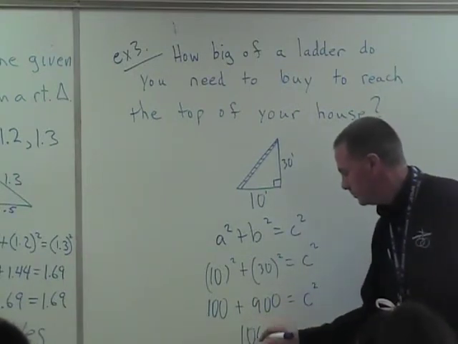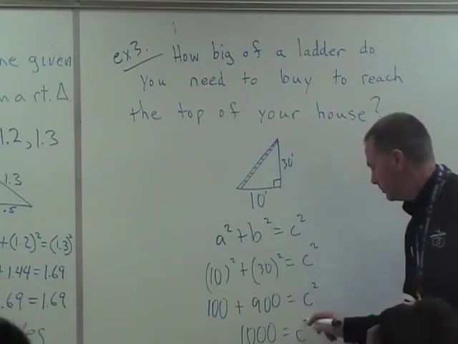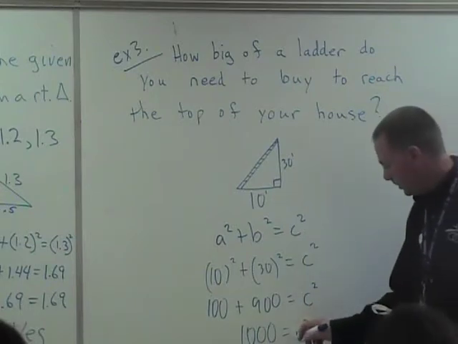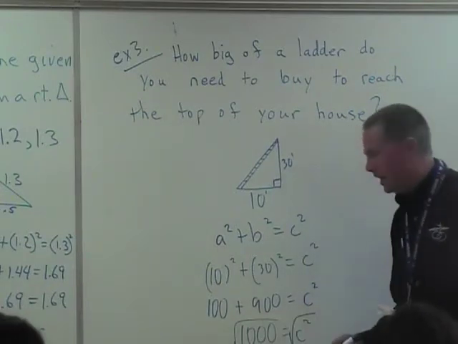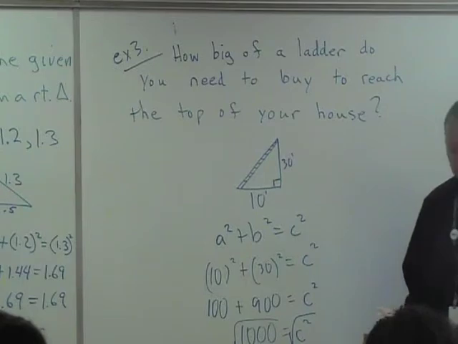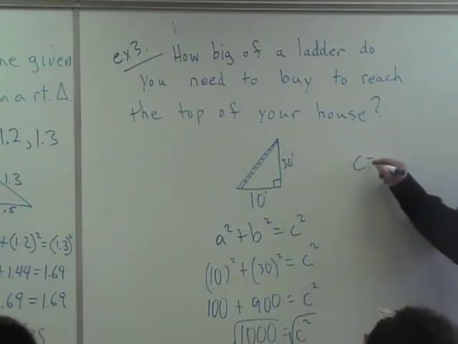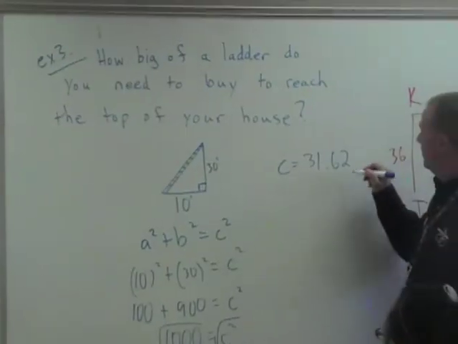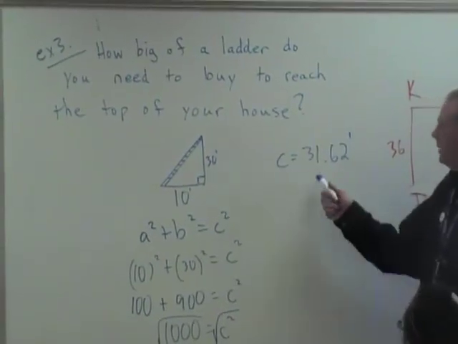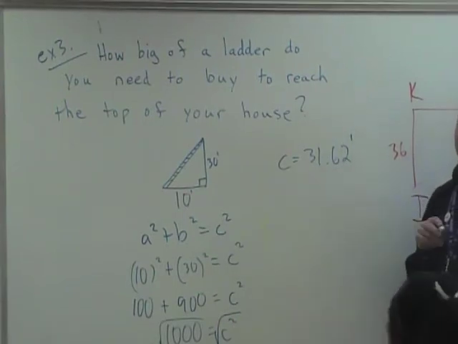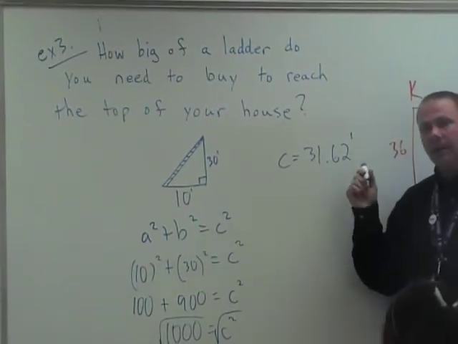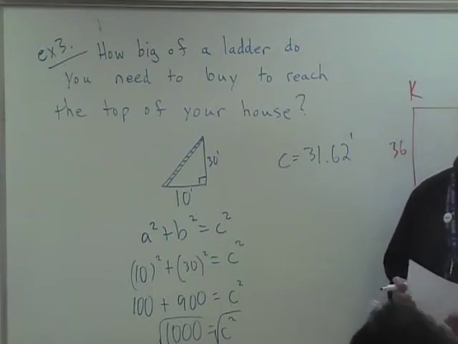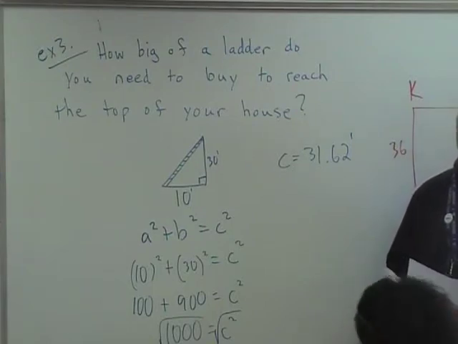Then you square root it. What is the square root of 1,000 to the nearest hundredth? 31.62. Everybody check his rounding. Yes. So you need a ladder that's at least 32 feet. You're not going to go into Lowe's and say, I need a 31.62 foot ladder. They'll have a 32 foot ladder though.